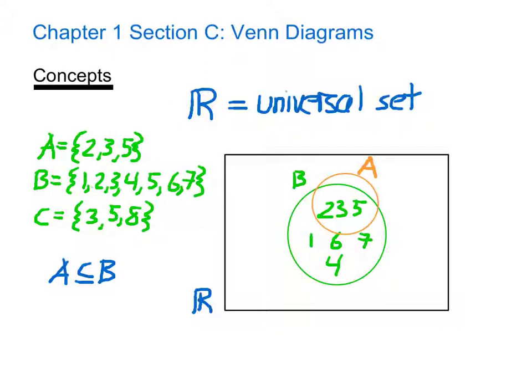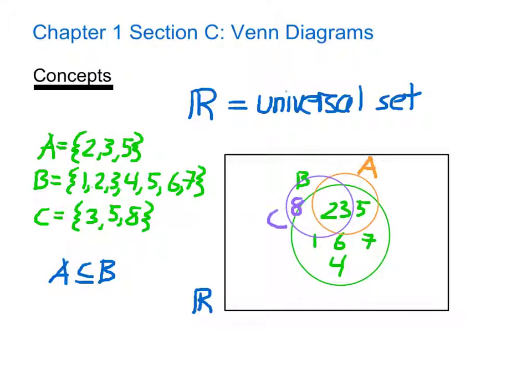We can also draw another circle that represents set C, and in this case, we need to add the letter 8 outside of set B, but still within the circle for C. So let's go ahead and move my letter B because it's a little confusing. Looks like I can't move the letter B, so I moved the circle for C down a little bit.